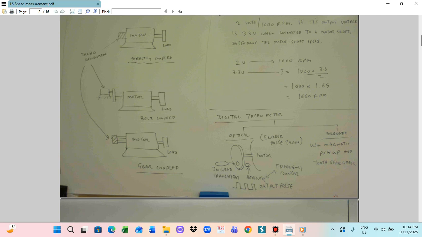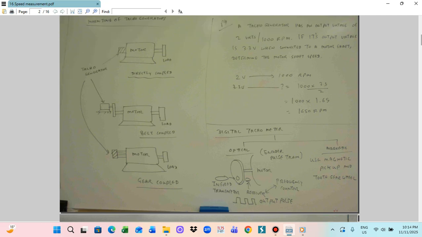What is the digital tachometer? Digital tachometer has two types of construction. One will use optical, and another will use magnetic. In the optical digital tachometer, we use a wheel. The wheel is attached to the motor.